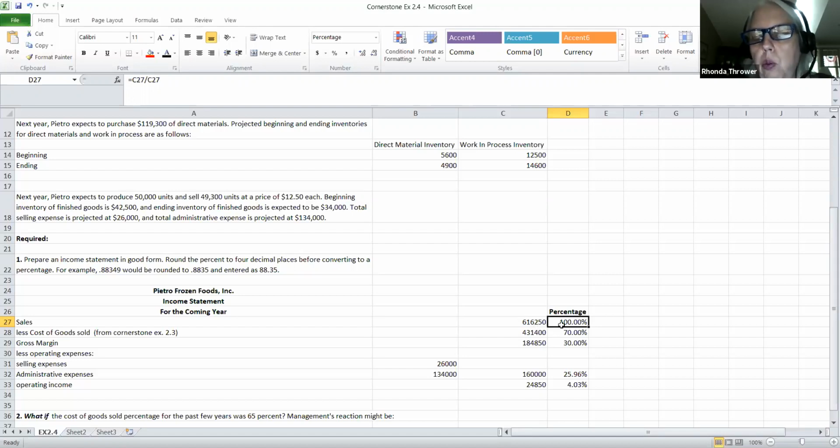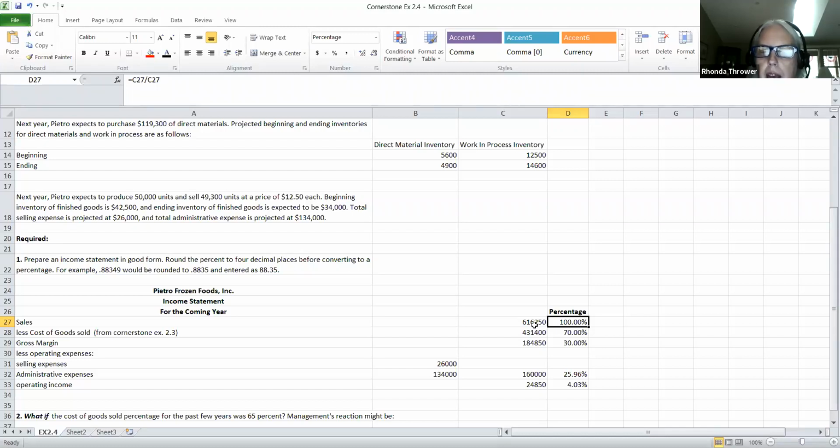We get this percentage by taking the total sales and dividing it by itself. So in other words, what's in cell address C27 is divided by C27, and that will give you 100%.